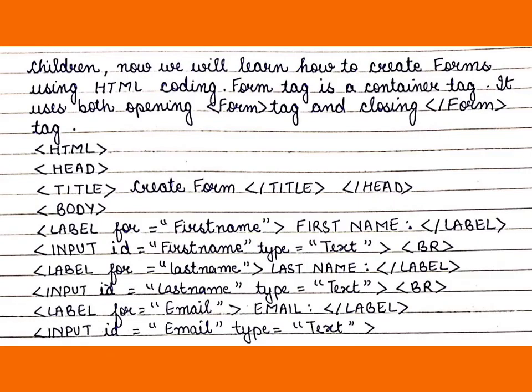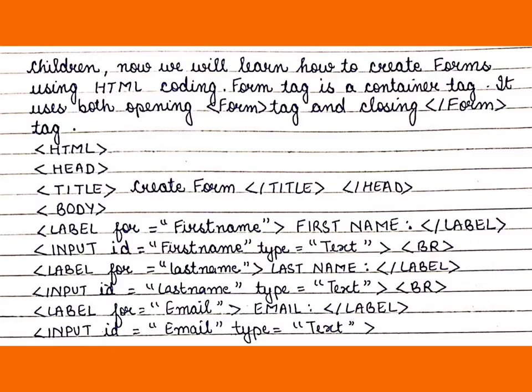Now use the input tag for entering the data, as what type of data should be entered in the first name box. Here we have used ID is equal to first name, type is equal to text. Then we have given the break tag so that the next column should come in the next line.